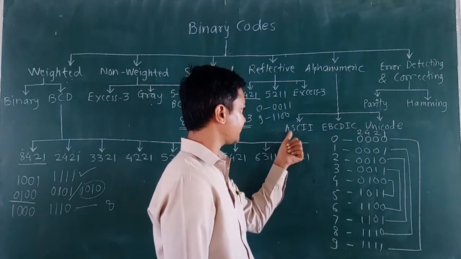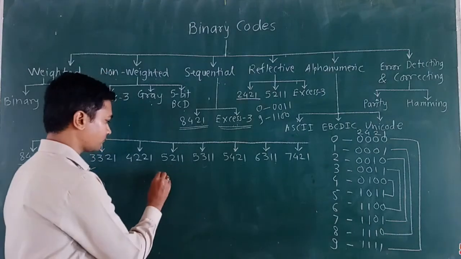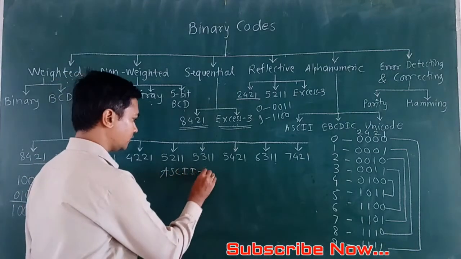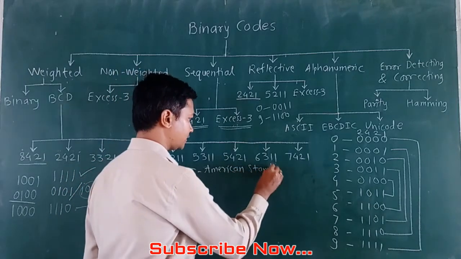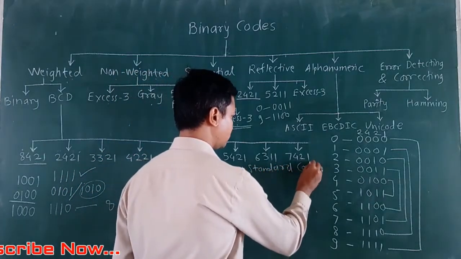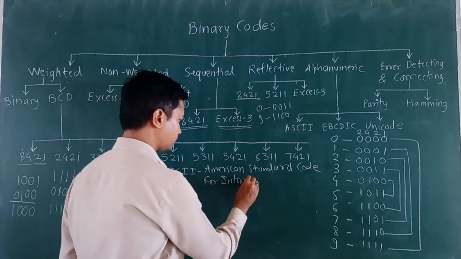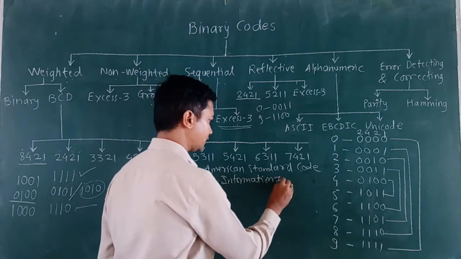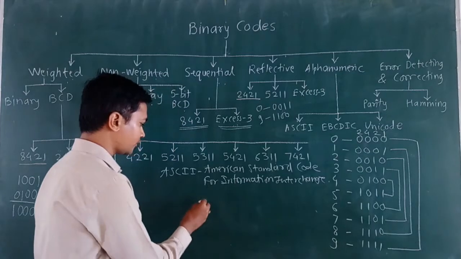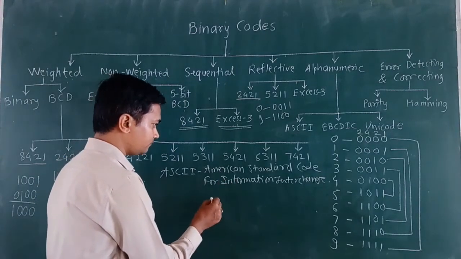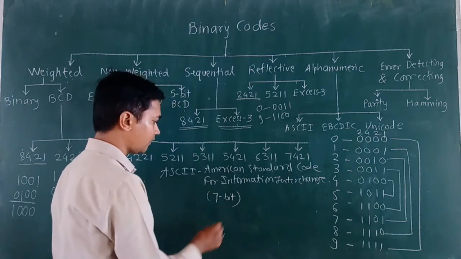ASCII is American Standard Code for Information Interchange, and these codes are 7-bit wide.